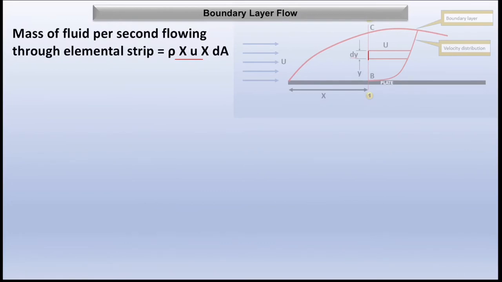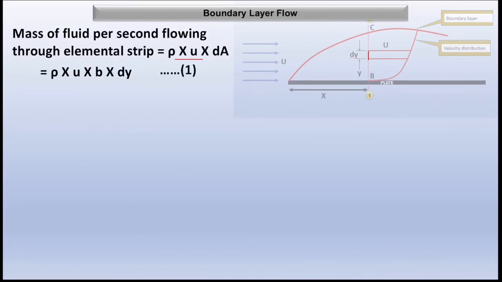We can see this equation as the continuity equation, which is based on the law of conservation of mass. So that mass will be equal to rho into u into dA. Here rho is the density, u is the velocity, and dA is the area, which is the width into thickness, that is b into dy.